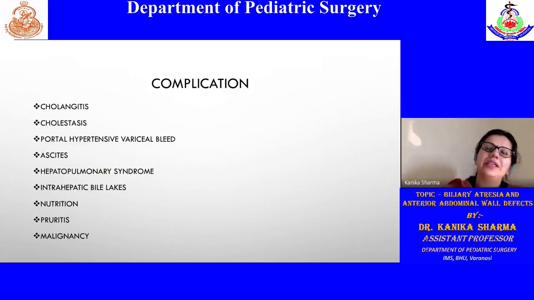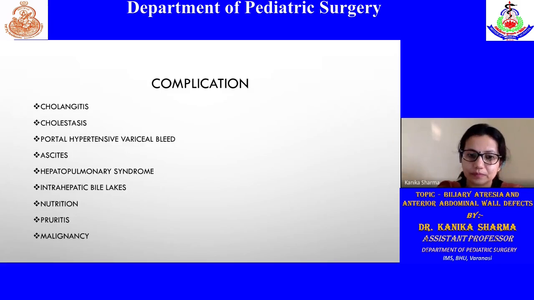If these children are operated in the early period, they have a better prognosis in later life. However, if they are delayed or present very late, then the liver has already gone under too much stress or is already damaged. To retrieve that liver is very difficult, and they ultimately need a liver transplant.